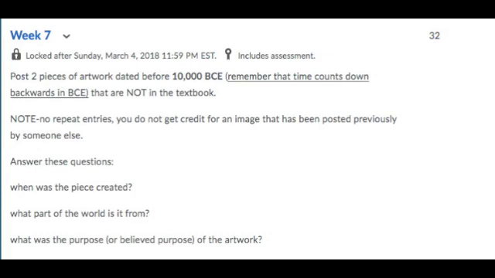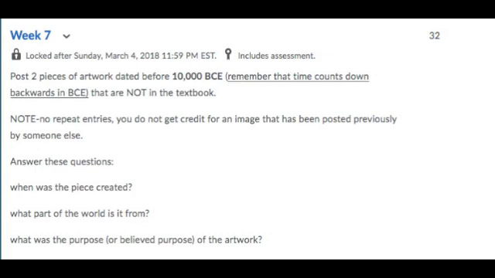Also, no repeat entries. You do not get credit for an image that has been posted previously by someone else. That means the longer you wait, the fewer options you have, and you have to look at what the other students have posted, so maybe you can learn some things you didn't know before. And isn't that the goal of taking classes?